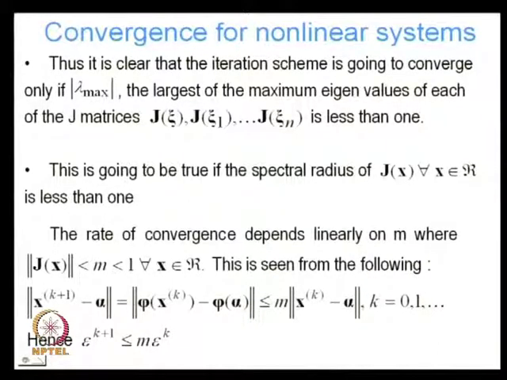Is that clear? That is going to be true if the spectral radius of J of x is less than 1. So that was our convergence criteria.